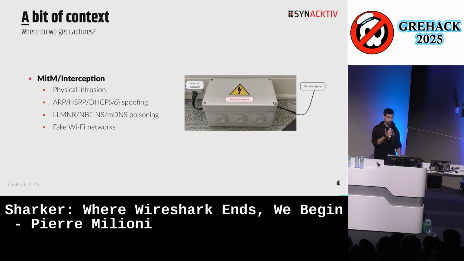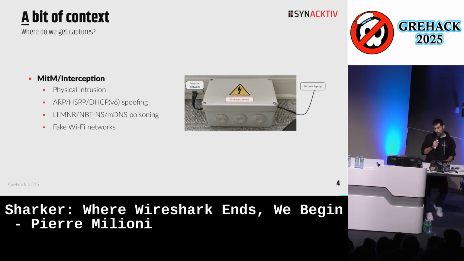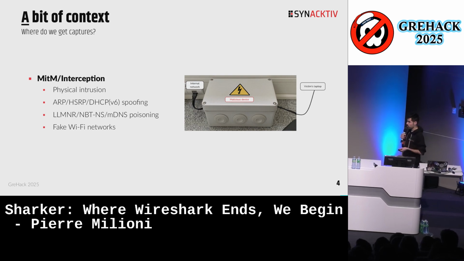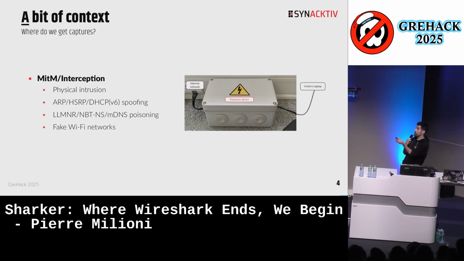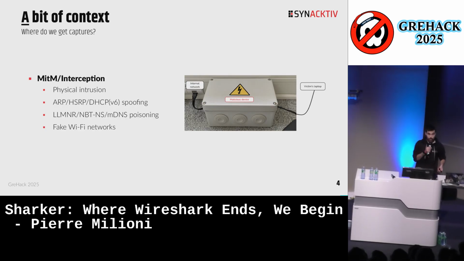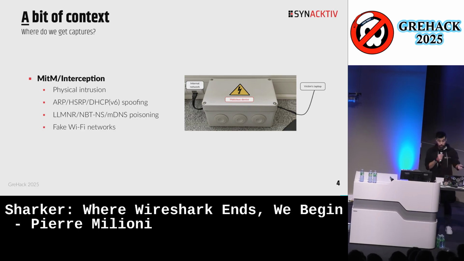But first, how do we actually get network captures? As Aurelien said in another presentation, it's quite likely that you can end up in a man-in-the-middle position, either through physical intrusion, as we saw this morning, I think, where you manage to plant a malicious device between the internal network and a workstation.